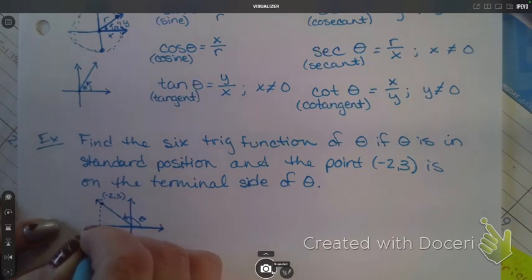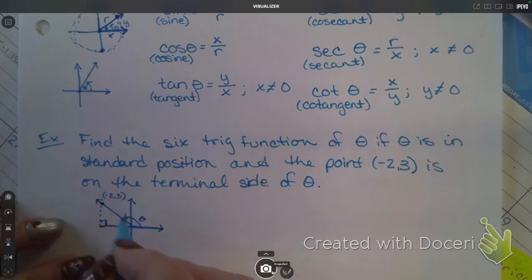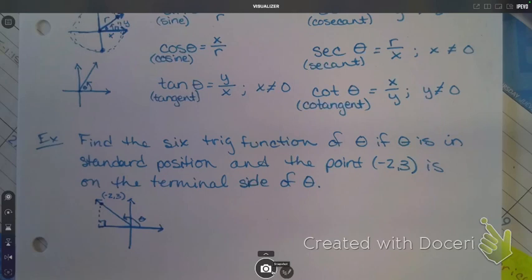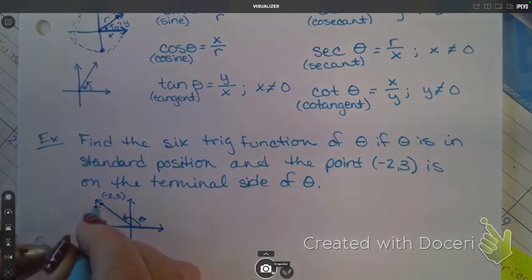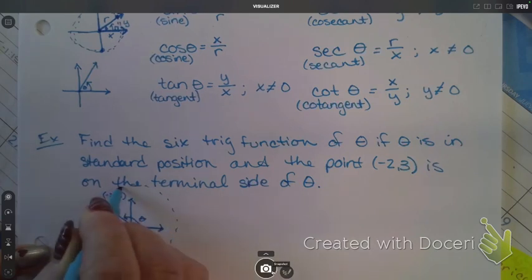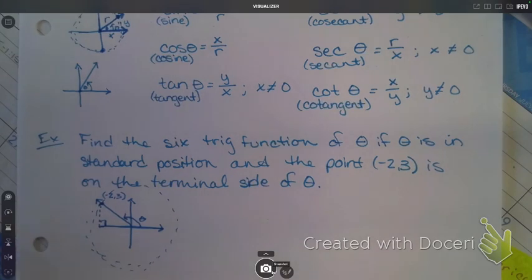You can make a circle, but you don't have to. If you want to make a circle, you can. I'm more concerned about the right triangle. Know that the circle is there.